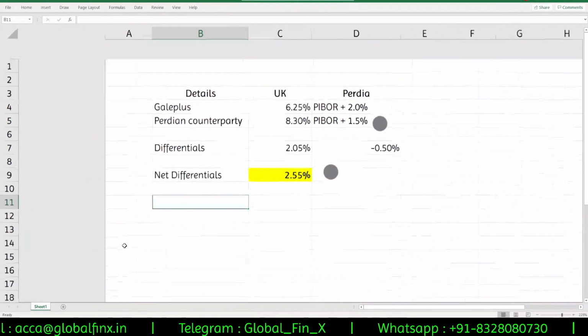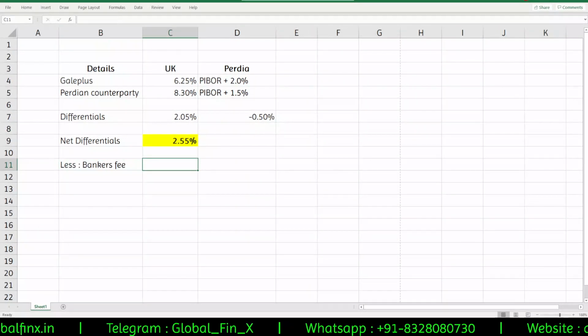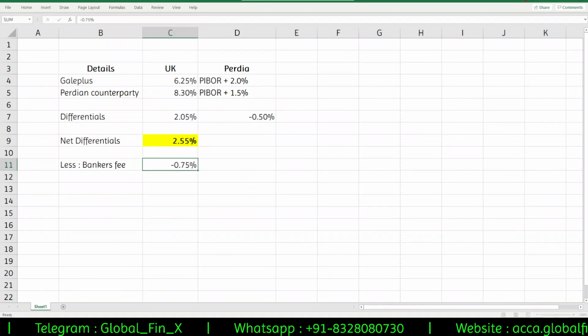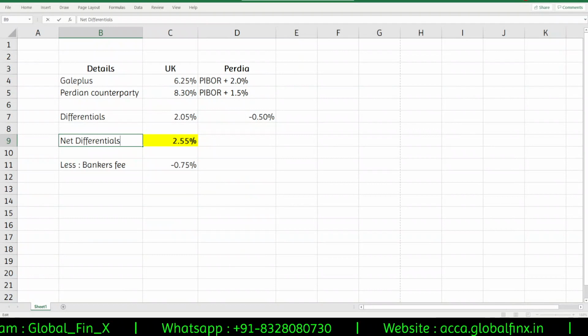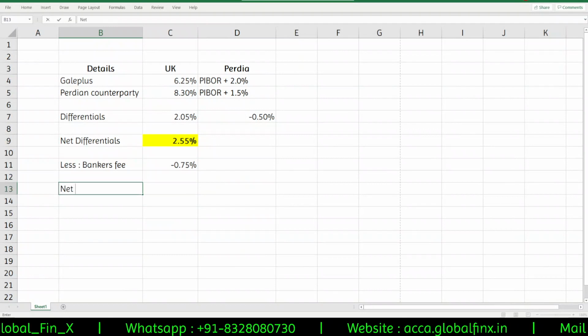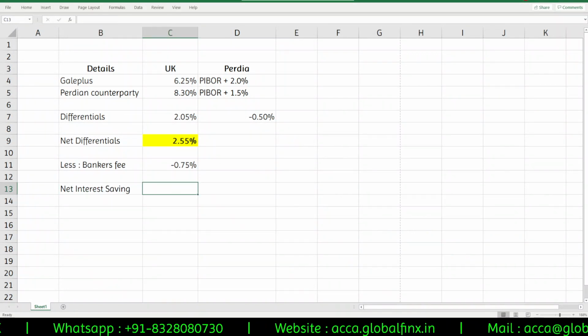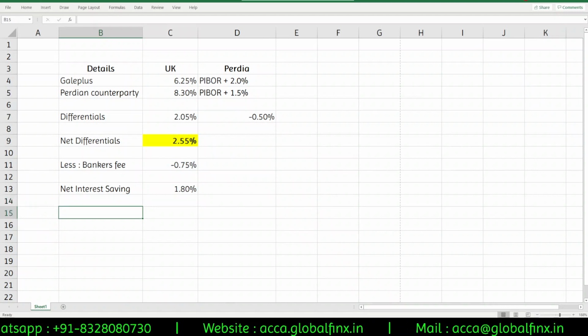So less banker's fee would be 0.75%. Let me put a minus over there. Okay, the net interest saving because of the swap would be 2.55 minus 0.75, that is 1.8.